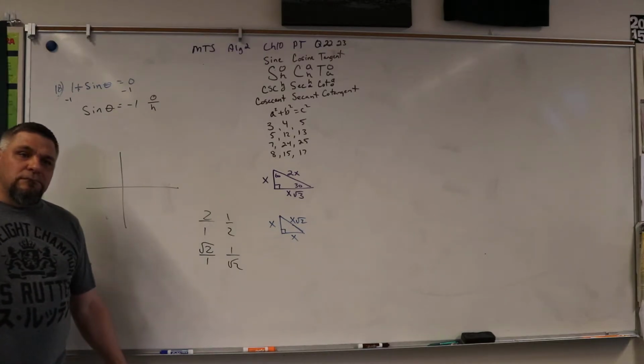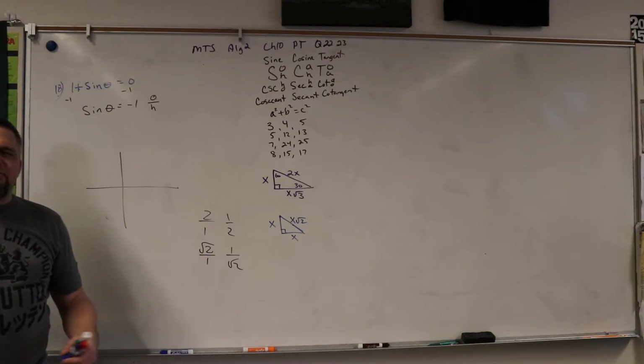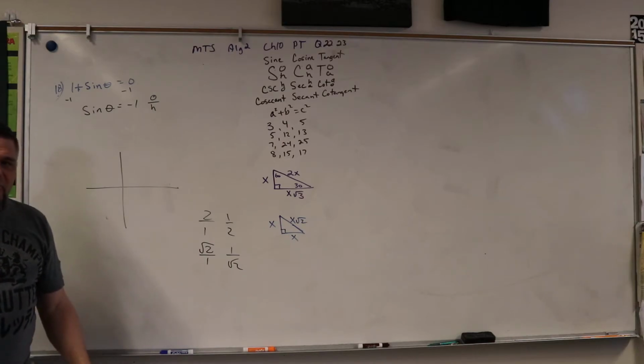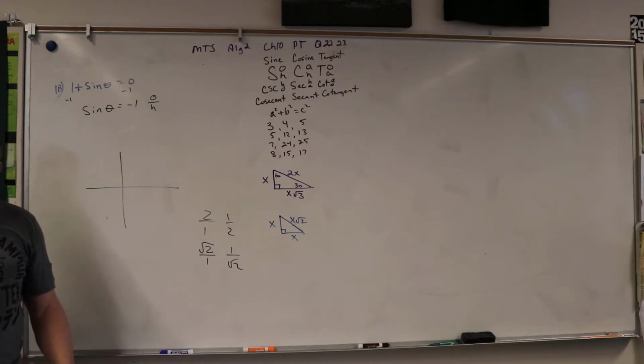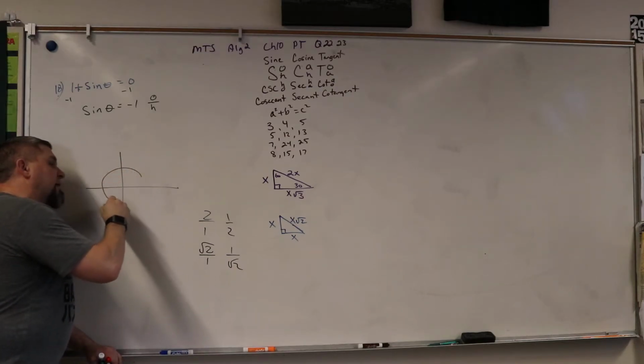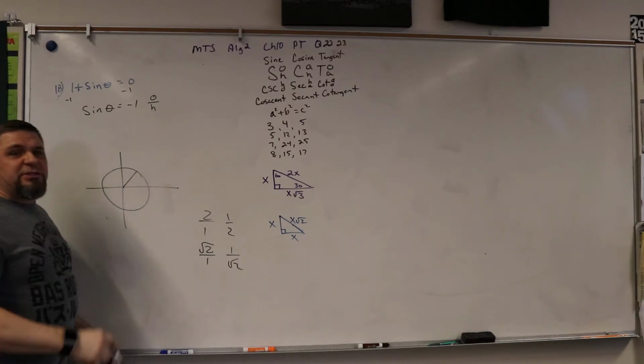However, let's think about it outside of the box, because there's got to be a 1. Let's think about if we have the unit circle, and the hypotenuse is 1.